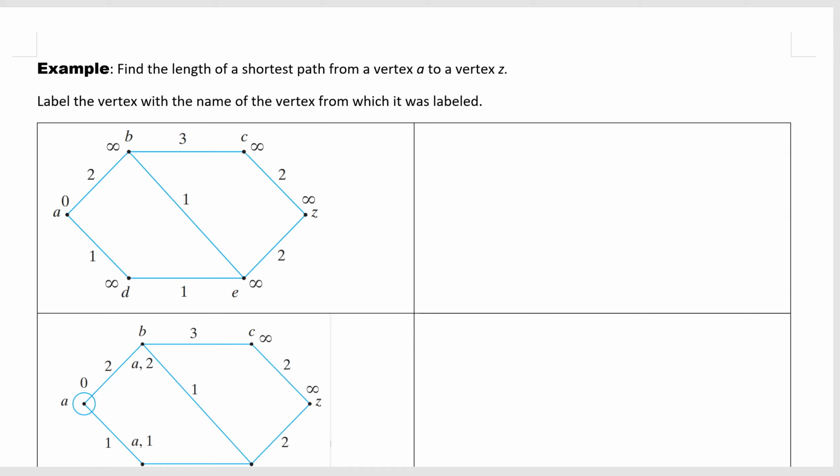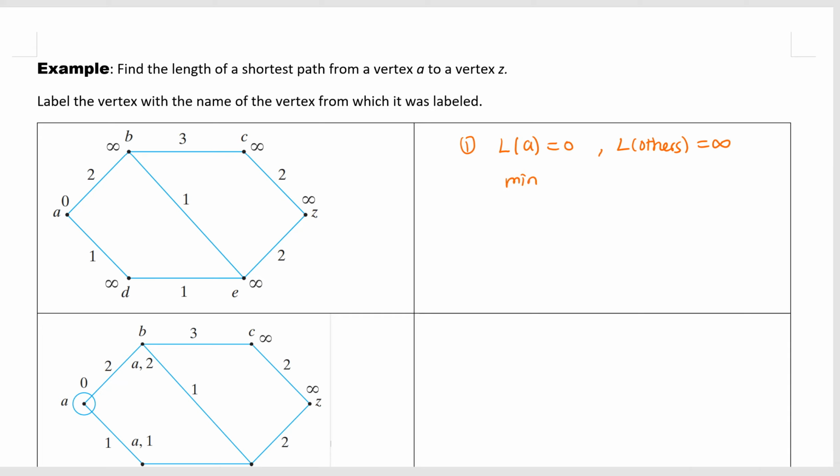So instead of just the length of the shortest path, we also want to label the vertex from which it was labeled. Okay, so step 1, LA is 0, all other L are infinity.